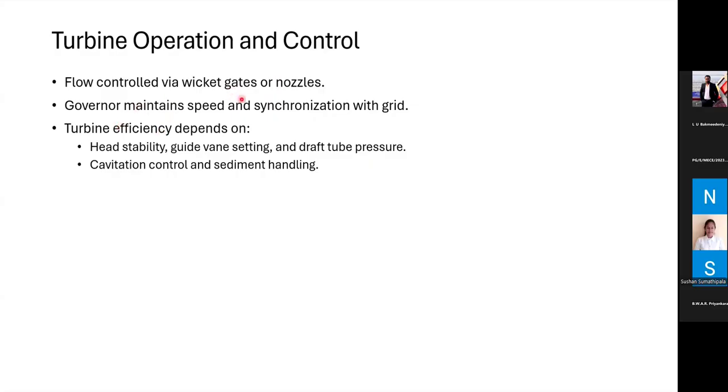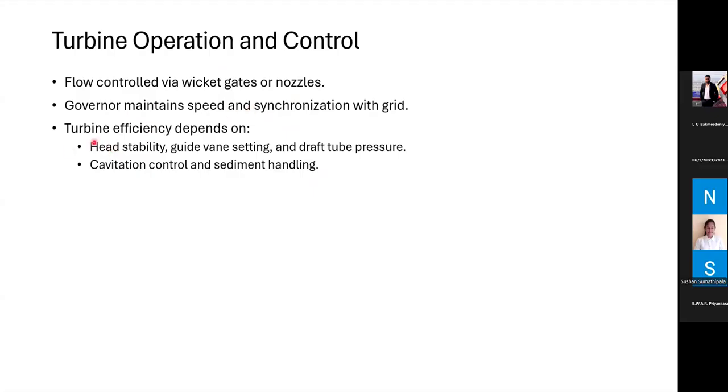The operation of these wicket gates and nozzles is maintained by the governor, looking at the frequency as well as the primary frequency response that is governed by the electrical operation of the generator. It controls the amount of torque applied to the generator, and the torque is changed by changing the amount of water passing into the turbine.